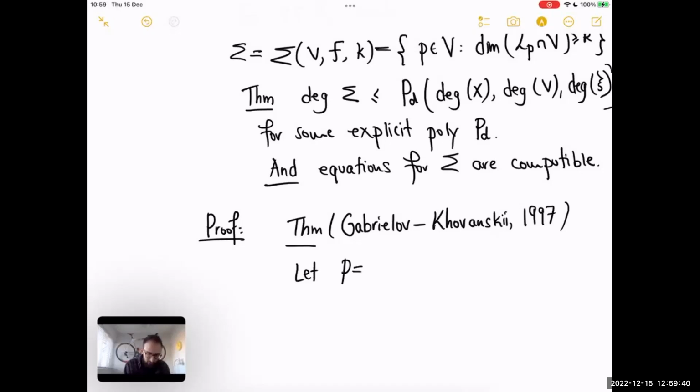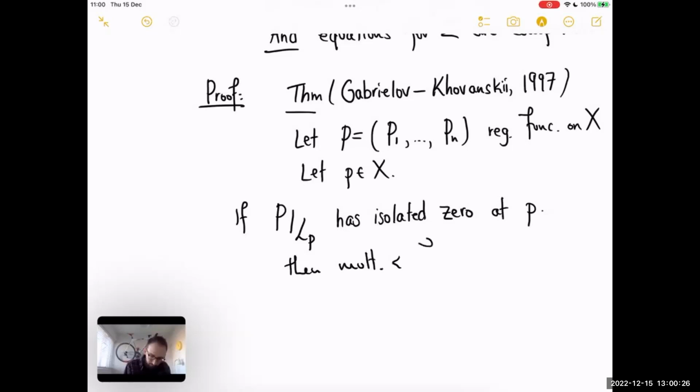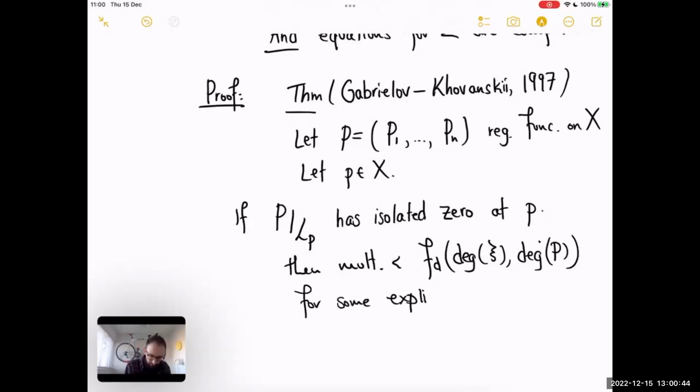So suppose you have n regular functions on your X, and you have a point P on your X. Then if this collection of regular functions has, when restricted to the leaf through P, an isolated zero at P, then the multiplicity of this zero is bounded polynomially in terms of the degree of the vector fields and the degree of the regular functions. And again, this polynomial is really, really explicit.